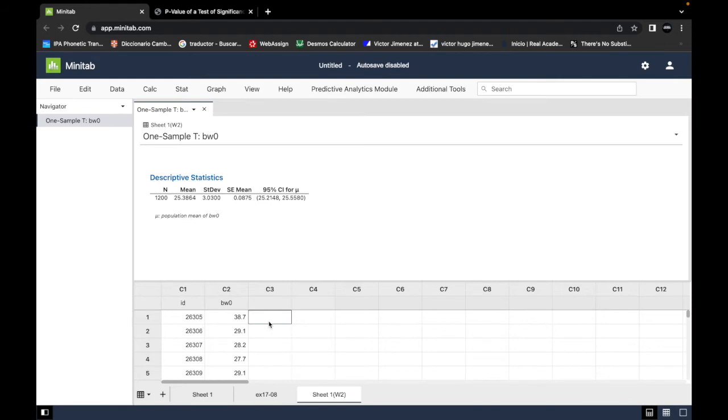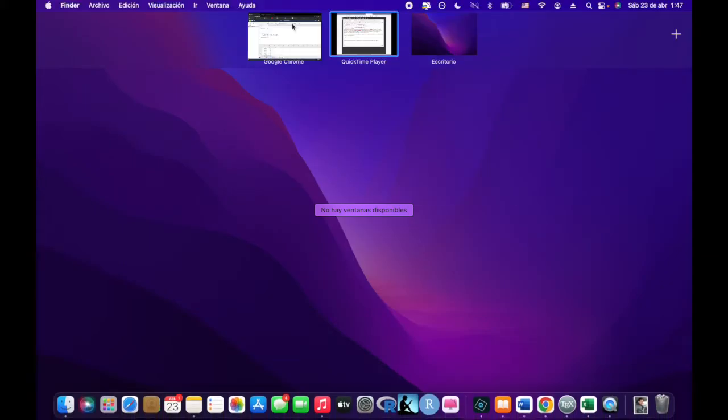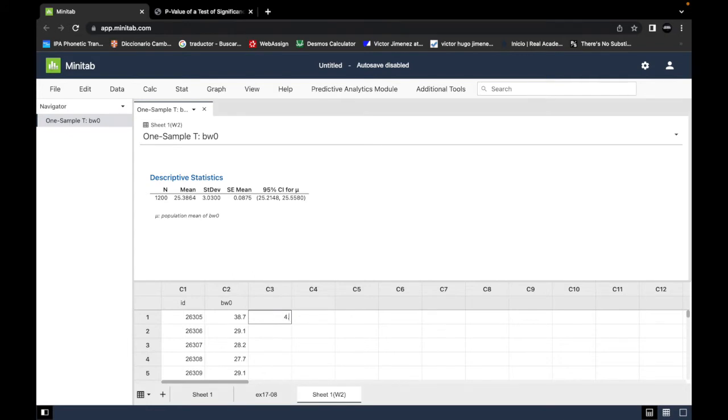You will have to type the data: 4.6, 6.9, 7.9, 8, 9.2, 10.4, 10.6, 11.1, 11.1, 11.3, 12.3, 12.7, 14.2, and 15.6.